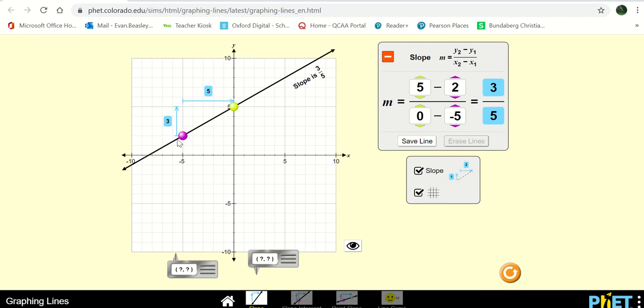And our rise, so my first set of coordinates is x1, y1, so negative 5, 2. My second set of coordinates is, so this is x2, y2, so x2 is 0, y2 is 5. Now to find my slope, what is it? The slope equals y2 take y1 over x2 take x1.